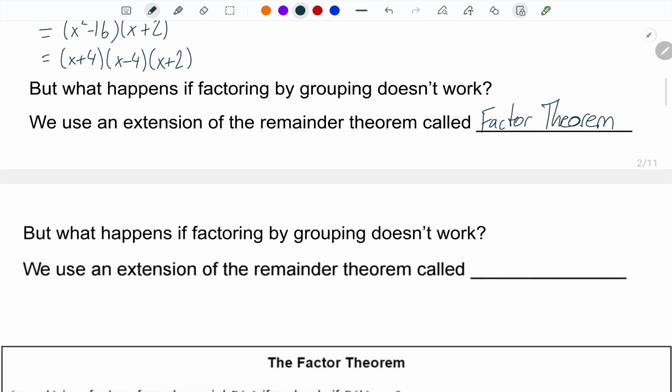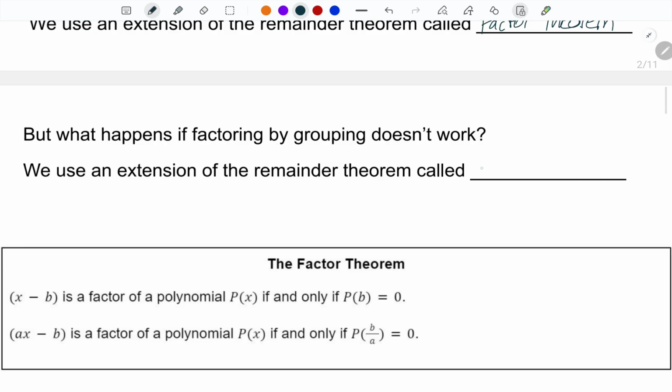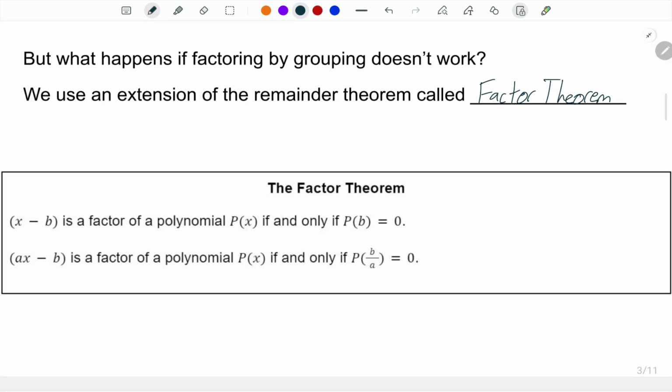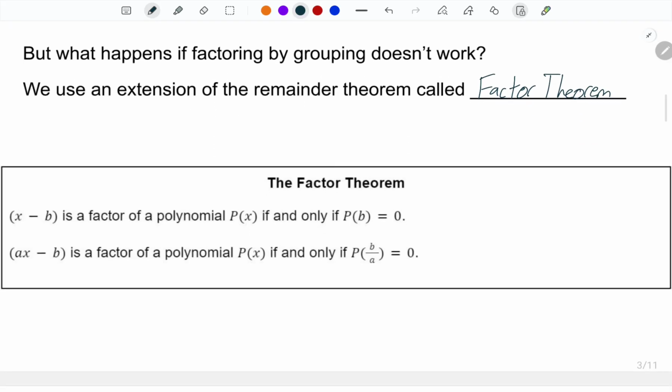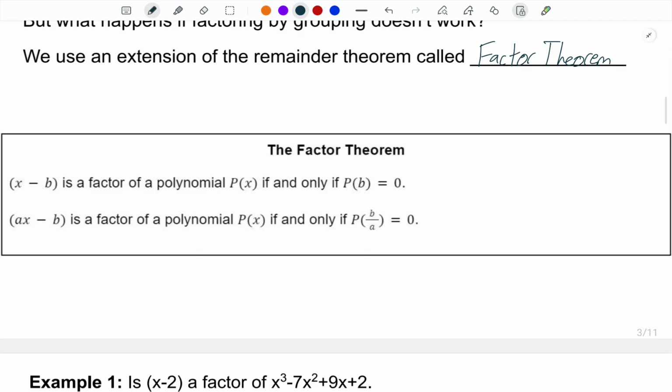So let's take a look at the factor theorem. I guess I've repeated this down here. The factor theorem is very closely tied to the remainder theorem. It's really just a specific case of the remainder theorem. What it says is, if you know something is a factor of a polynomial, let's say x minus b, then using the remainder theorem, its remainder must be equal to 0.